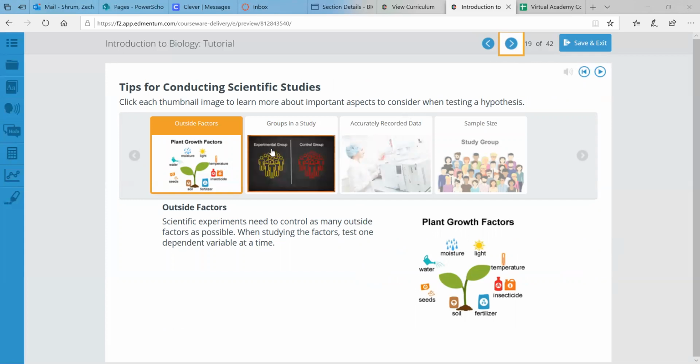Here are some tips, okay, to consider when you're conducting studies. Outside factors, you got to control these as much as possible to get the best result. So in this example, plant growth, these are all the factors that can affect.